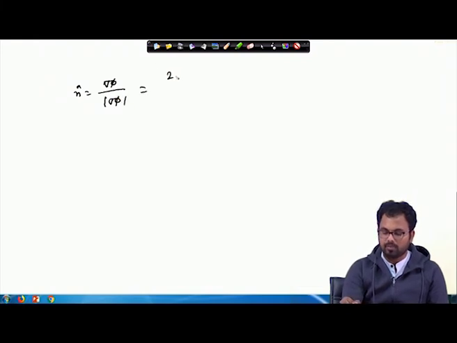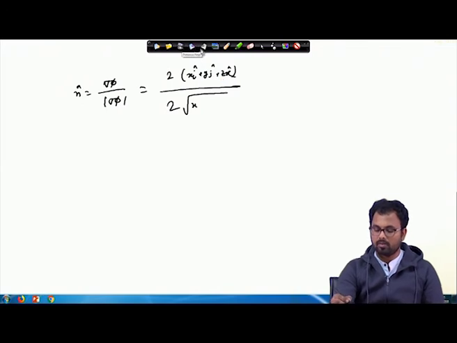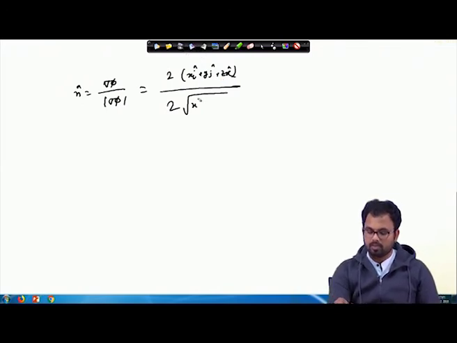So, grad phi is 2 times x i plus y j plus z k, and when we take the magnitude, this is basically 2 times the square root of x square plus y square plus z square.